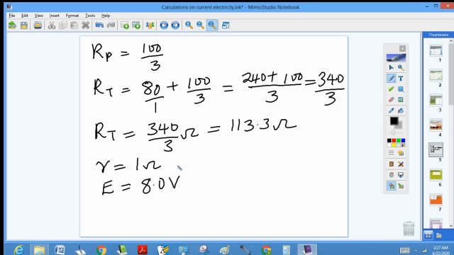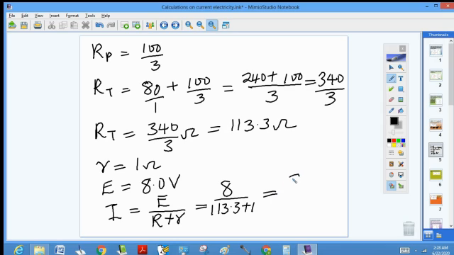So using the formula I equal to EMF over total external resistance plus internal resistance, and substituting the values, we have 8 over 113.3 plus 1, which gives us 8 over 114.3.